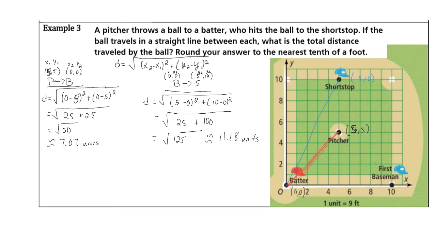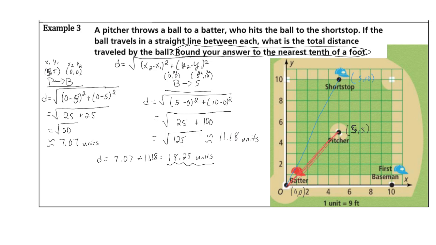Normally, if we were just finding the distance, we would just add these up. So distance is 7.07 plus 11.18, which gives us 18.25 units. But if we read the last part of the question, it says round your answer to the nearest tenth of a foot.